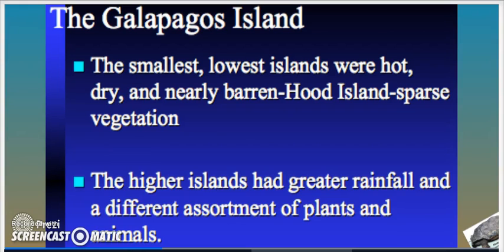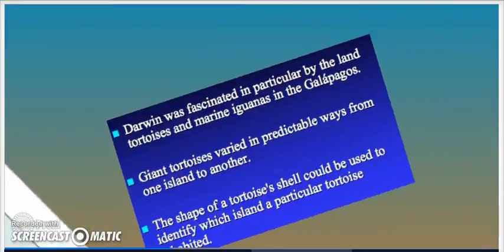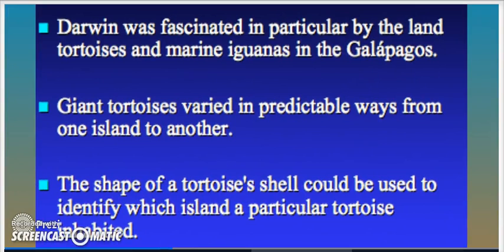The bigger islands had a lot more rainfall and a lot of different species of plants and animals that were there. This gave him a very unique setting in which he could study animals.